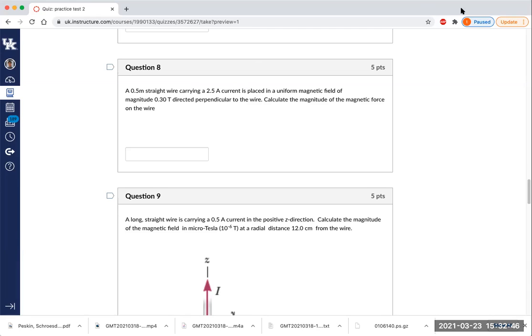Well, for this, we're going to use the equation for the force on a section of current carrying wire. And that equation is that the force equals the product of the current times the length of the section of wire times the field that it's immersed in times the sine of the angle between the field and the current direction.